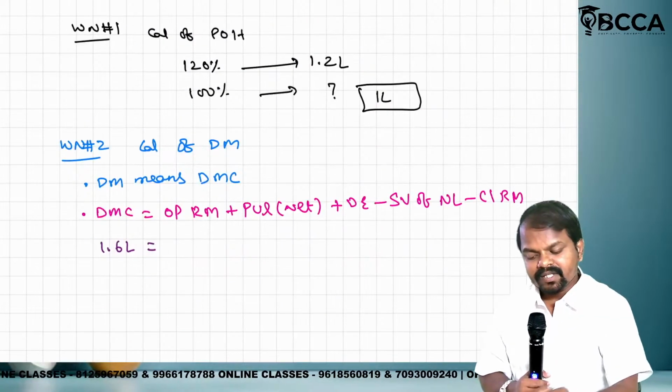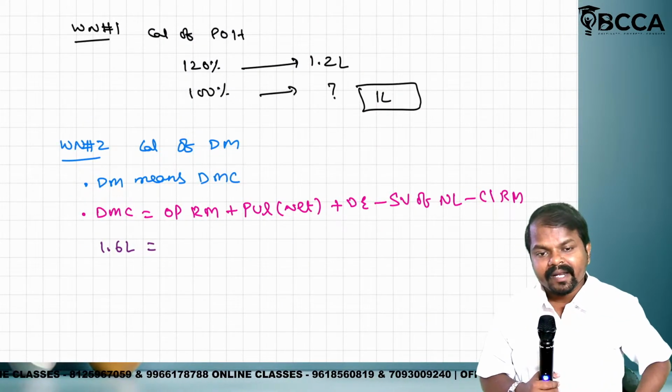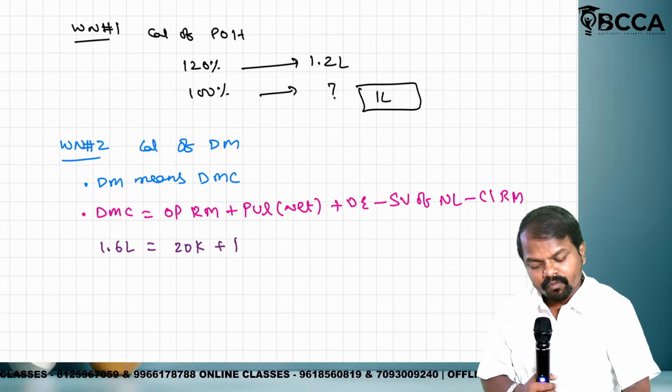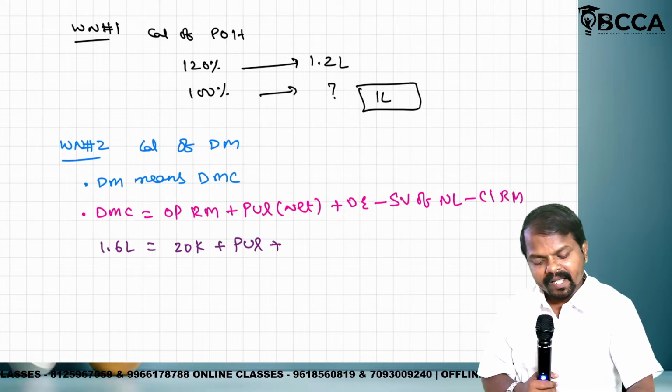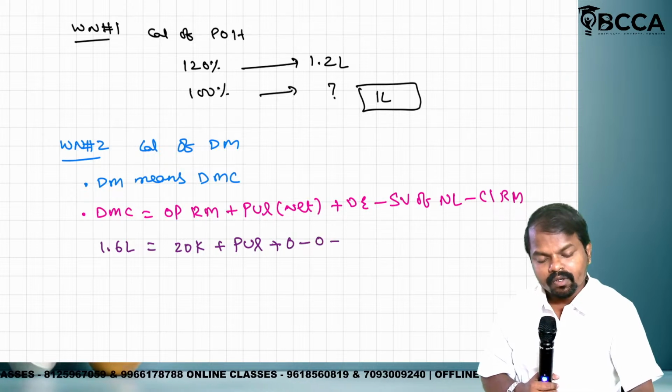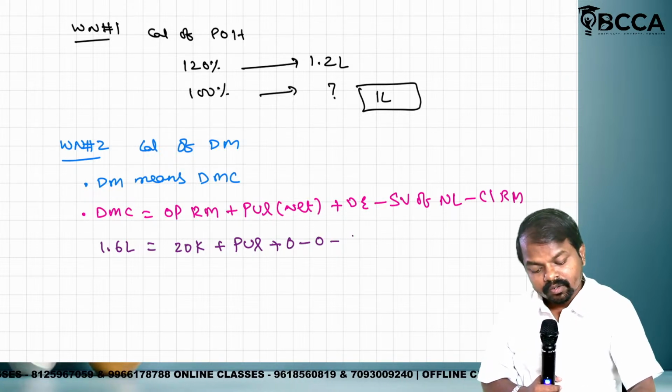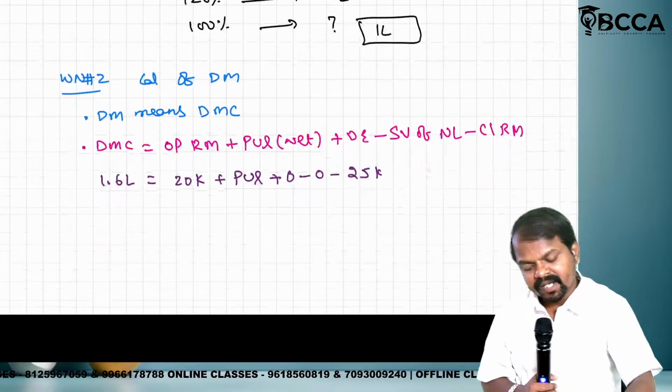1,60,000 is equal to opening stock of raw material, how much? 20,000. Purchases, how much? We don't know. Plus direct expense 0, salvage value 0. Closing stock is there or not? How much? Please calculate.